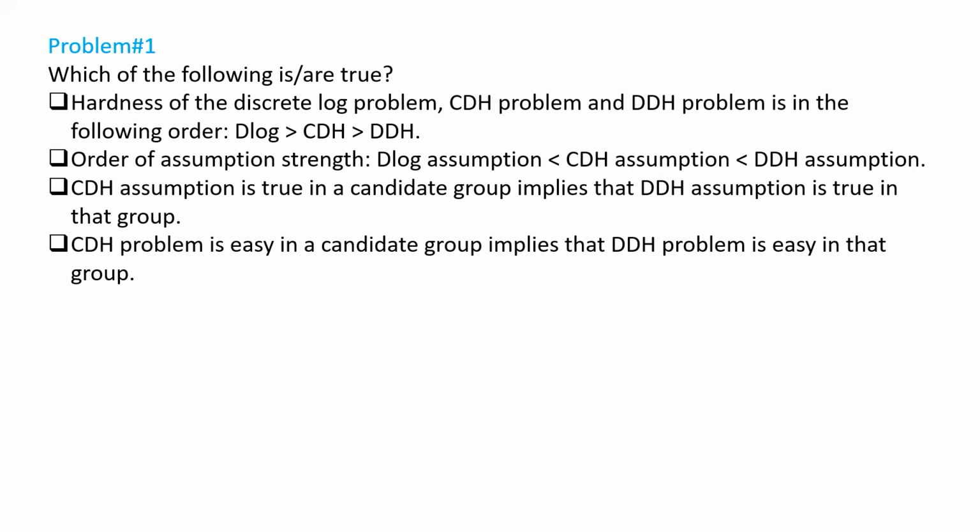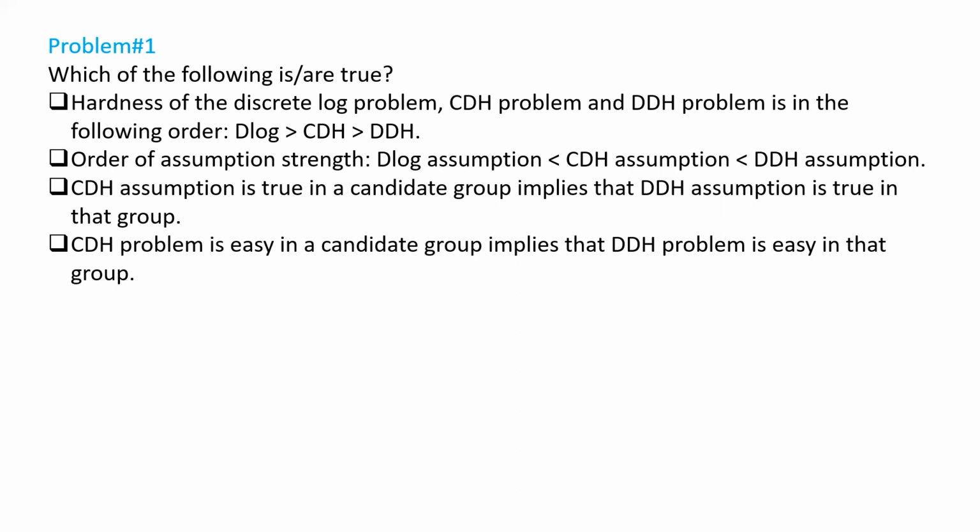So the DDH problem is to distinguish this Diffie-Hellman triplet, which is of the form g to the power alpha, comma g to the power beta, comma g to the power alpha beta, from any triplet of the form g to the power alpha, comma g to the power beta, comma R, where R is a uniformly randomly chosen element of the group.